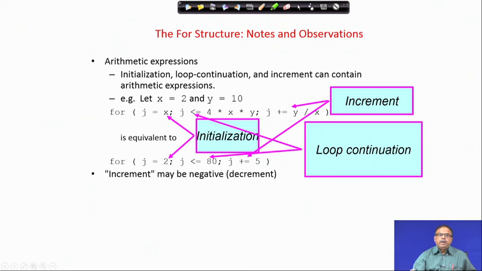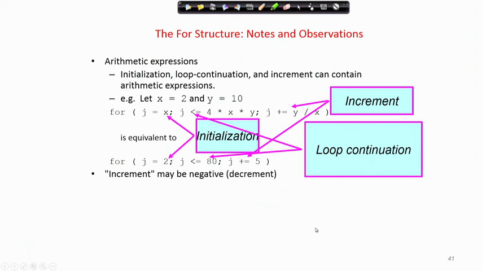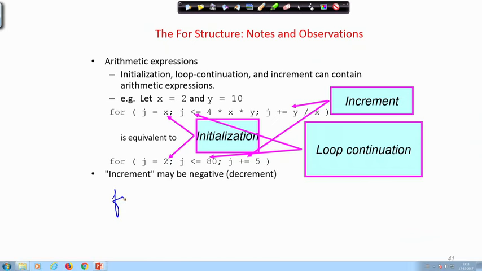Now, the increment can be negative. Although we are calling it increment, we should not call it increment, let us call it a modulator, because I can write the same thing as for j assigned 2, j less than equal to 80, and maybe j minus minus.